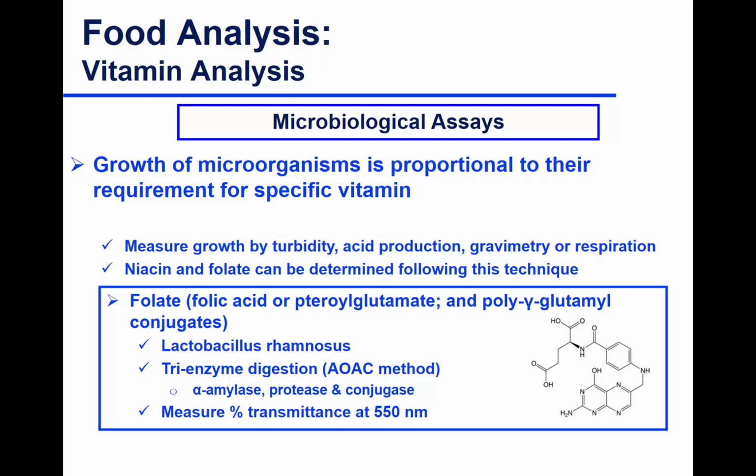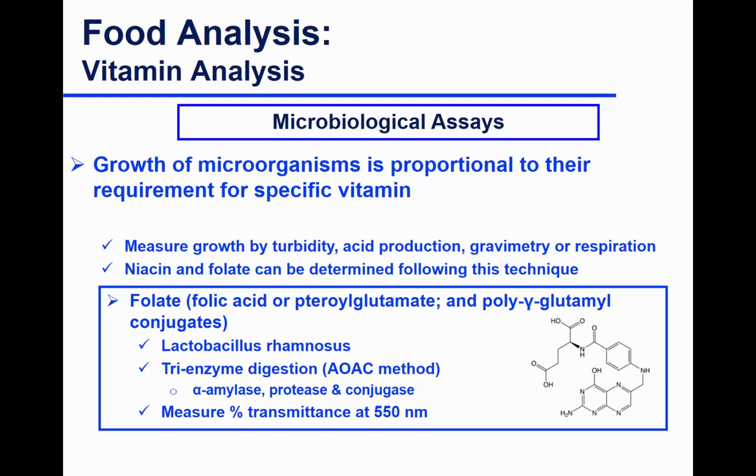Also, sometimes they're acid-producing bacteria, so if you measure acid, it's related to the growth of the bacteria. Or you can measure gravimetrically, that means you weigh the microorganism cells that have been produced, or measure respiration. So there are different ways of measuring the growth of microorganisms based on the concentrations of the vitamins you have.